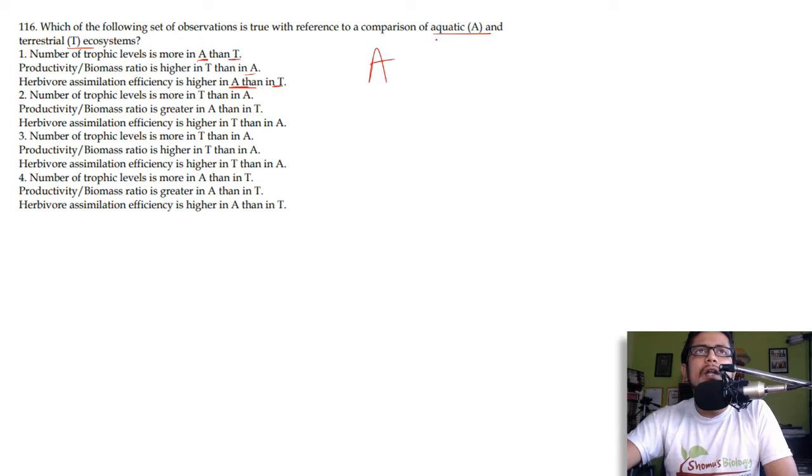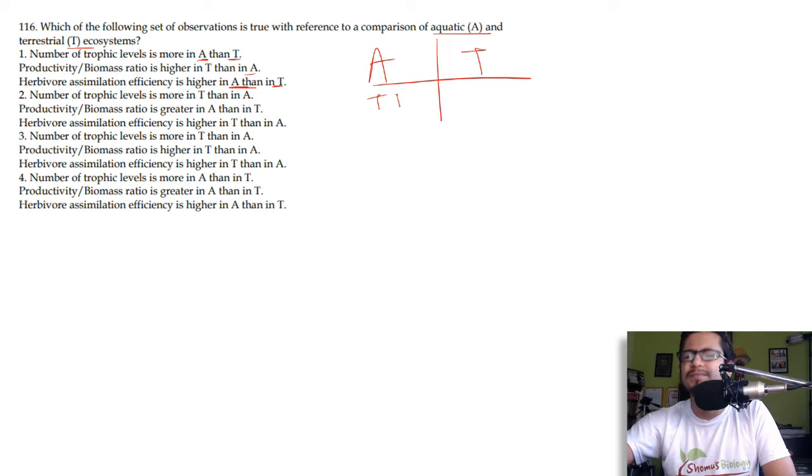Herbivore assimilation efficiency is high in aquatic than terrestrial.